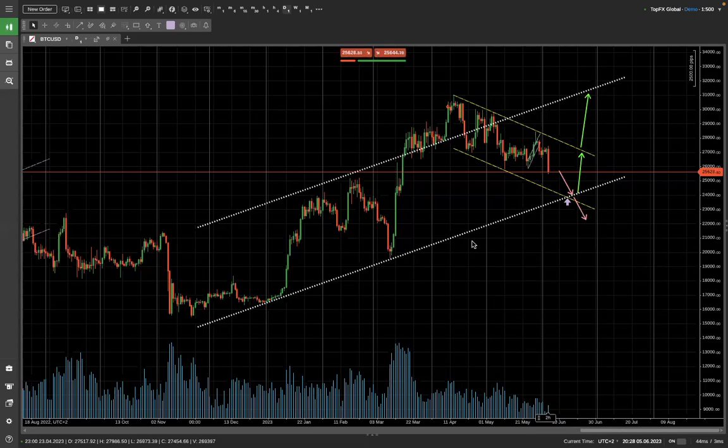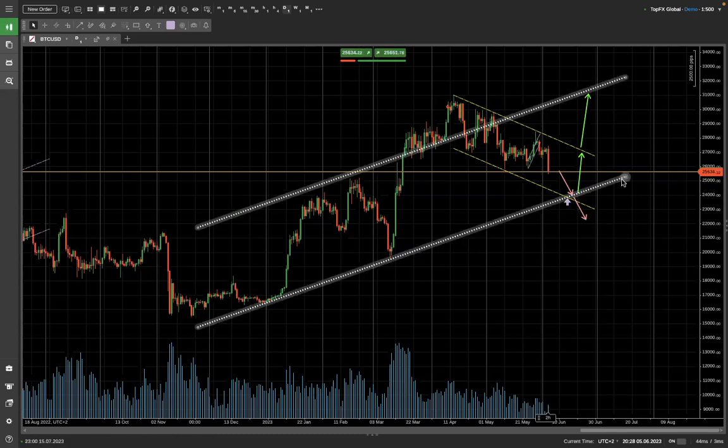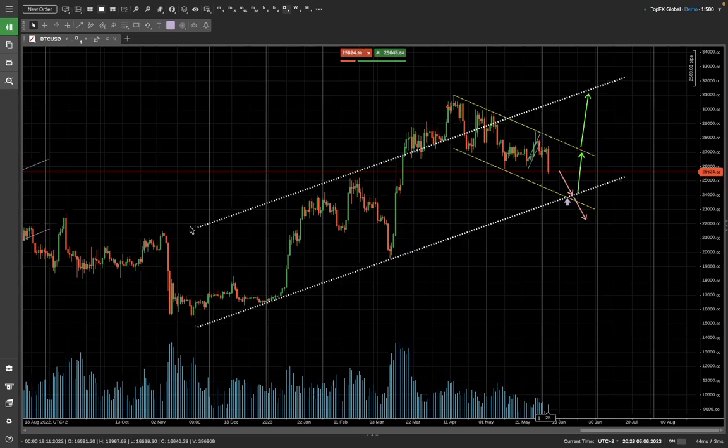So all these three channels will inform you what kind of a trend is or was present on the market during the particular period of time. For example, from the beginning of December to the present day, the trend on the Bitcoin was up, at least from that specific time period.